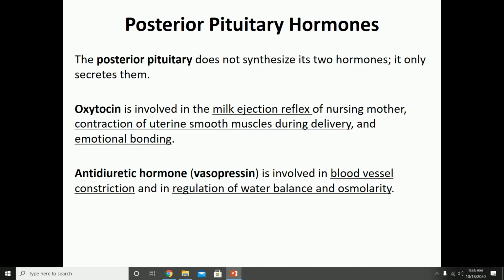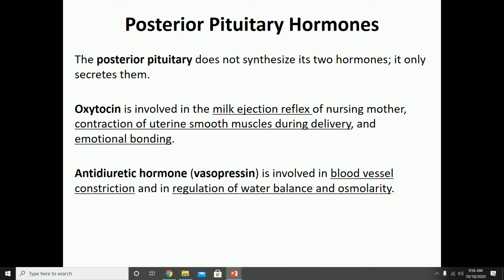Now the connection between the hypothalamus and the posterior pituitary. Well, the posterior pituitary does not really synthesize its own hormones. Okay, it will store them and secrete them. So oxytocin and ADH, or antidiuretic hormone, are actually made in the hypothalamus.